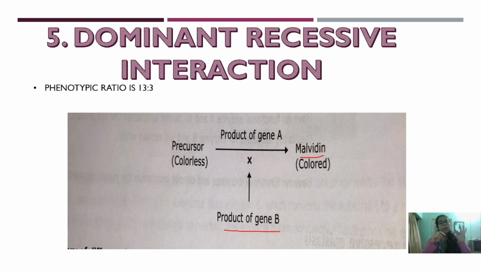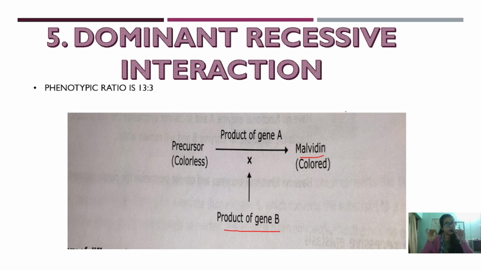And wherever capital A is present individually in the absence of capital B, the color will be formed. So you can see here we get the ratio 13:3.